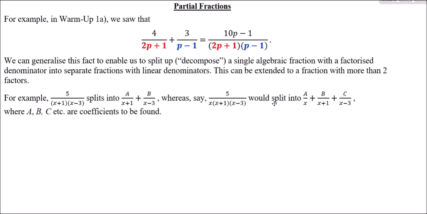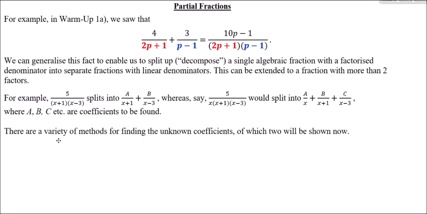So this one would split into three separate algebraic fractions, with each of these three linear factors found as denominators in the three individual fractions, where in each case a, b, and c are just constants to be found. And of course, this a and b won't necessarily be the same a and b as these two over here.